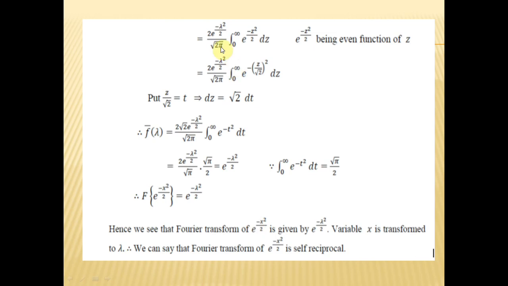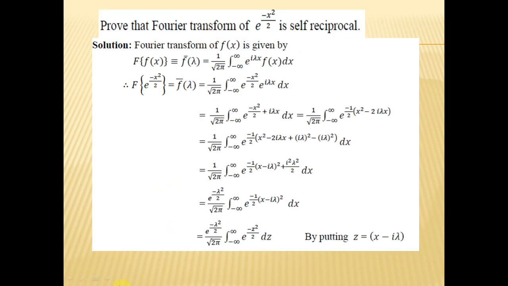Now, this is 2 e raised to minus lambda square by 2 by root 2 pi integral 0 to infinity e raised to minus z square by 2 dz. We are writing this 2 here because we could see this is an even function of the variable z, and it varies from minus infinity up to plus infinity.